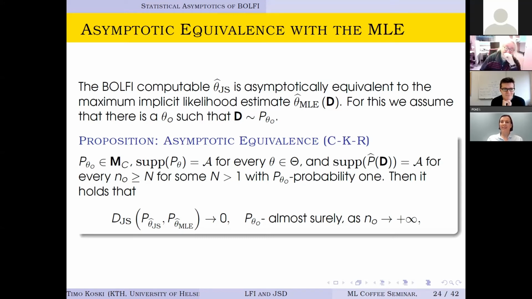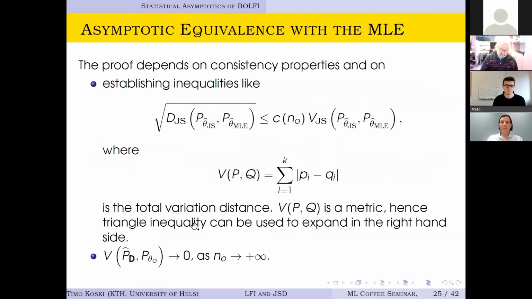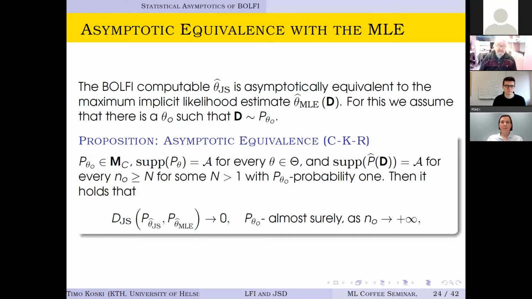So if I assume that my simulated distributions are positive for all category values, and if I even assume that my empirical distributions will always be positive for every category, then I can prove that the Jensen-Shannon divergence between the probability induced by the Jensen-Shannon minimum estimate and the maximum likelihood estimate goes to 0 with regard to the true probability distribution.